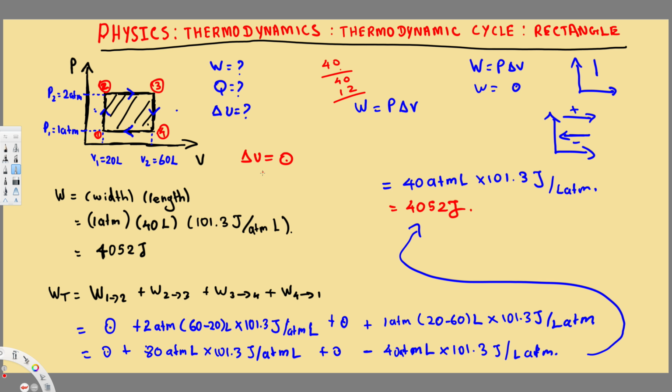If delta U is equal to 0, we can apply the first law of thermodynamics to find Q. The first law of thermodynamics says delta U is equal to Q minus W. If delta U is equal to 0, then 0 is equal to Q minus W, so from this we know Q is equal to W. Right? We calculated W already, that's 4052 joule. Therefore Q is also 4052 joule. And that's how we do this kind of problem.